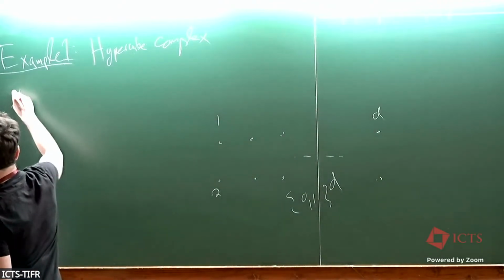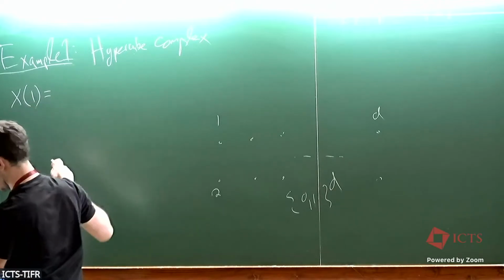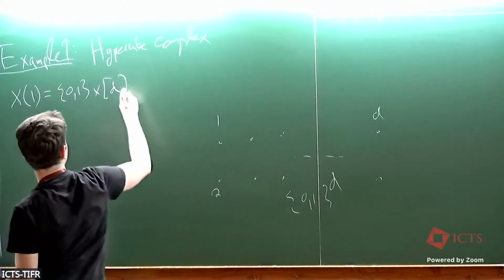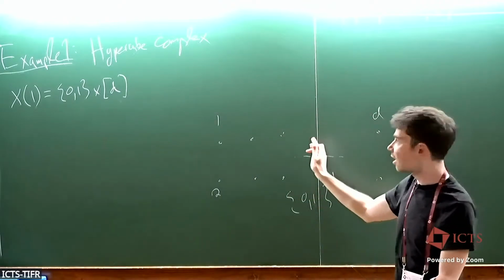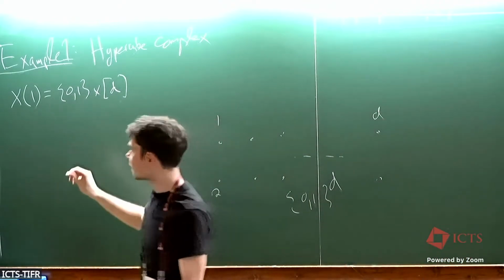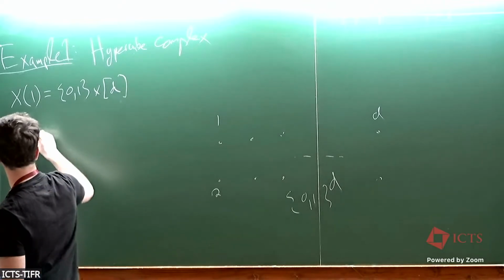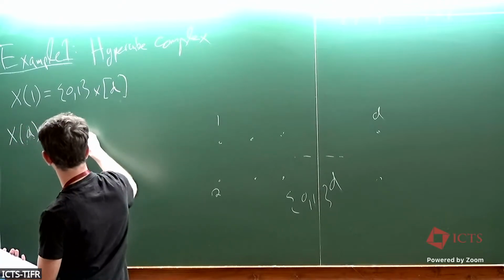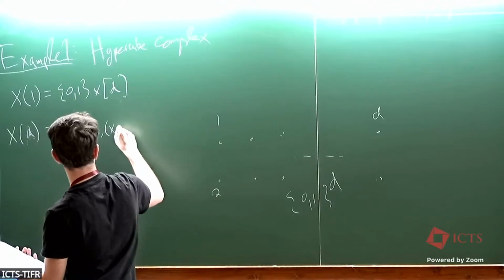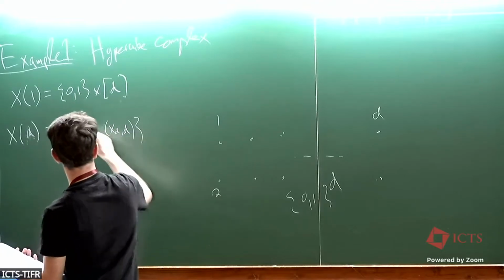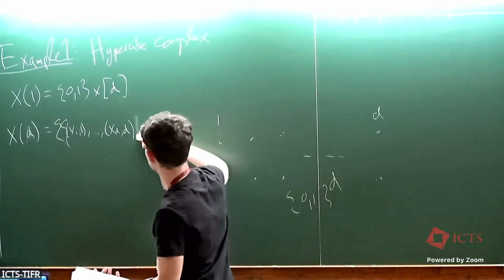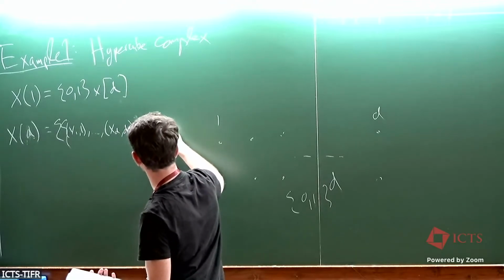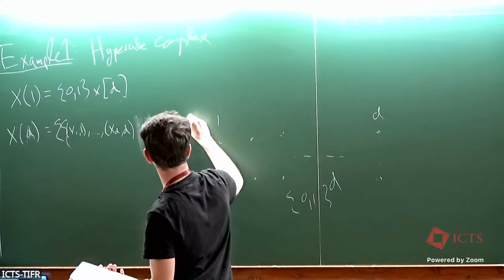This is a complex whose vertices are the space [D] cross {0,1}. This corresponds to which coordinate you are, and this is which binary bit you're taking. And then the top level of faces, X_D, is all strings (1,x_1) up to (D,x_D), so one of each coordinate, such that the tuple x_1 through x_D is in the hypercube.